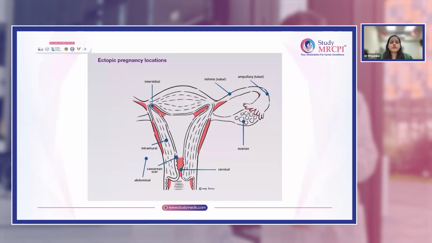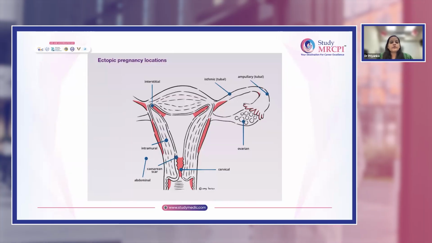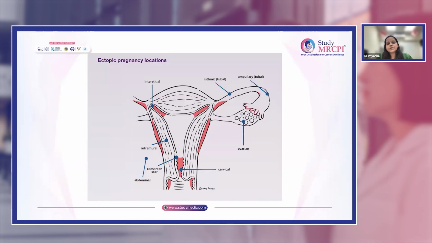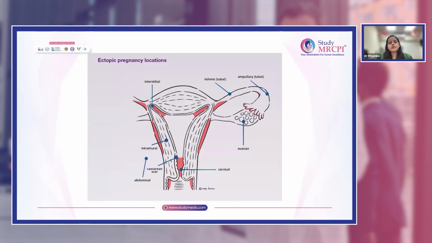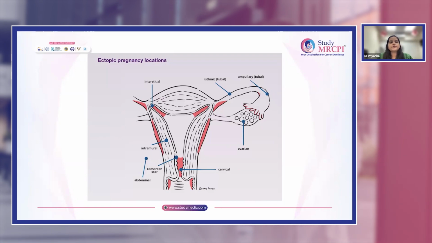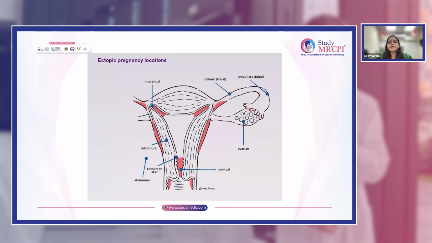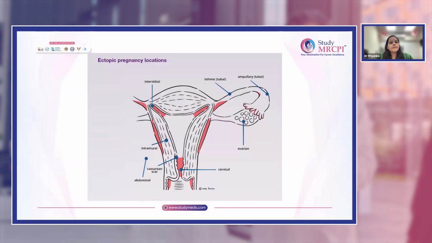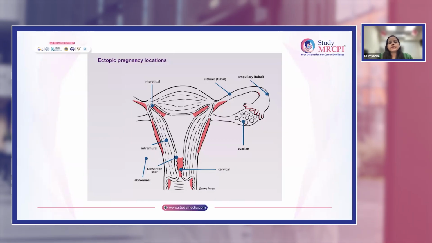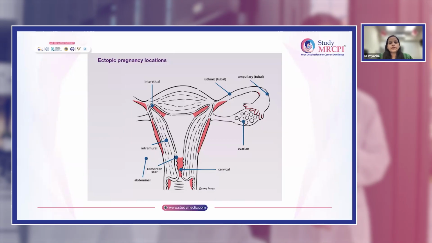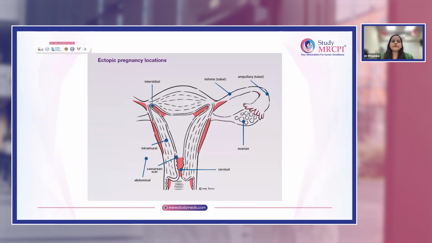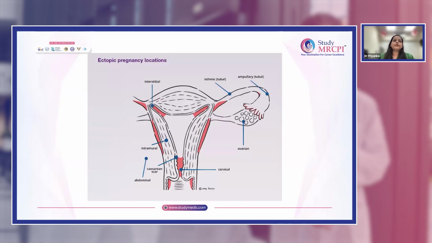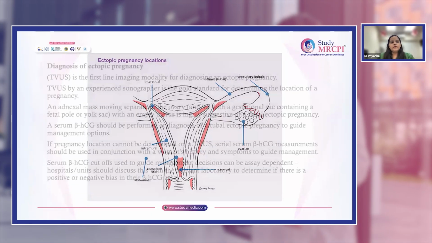If it is angular or interstitial, or if it is a cesarean scar pregnancy, which is more commonly seen nowadays due to the rising rate of cesarean sections, or if it's a cervical pregnancy, an ampullary tubal ectopic pregnancy, or an ovarian ectopic pregnancy, these are the types of ectopic pregnancies. Very rarely we can see a primary abdominal ectopic pregnancy.